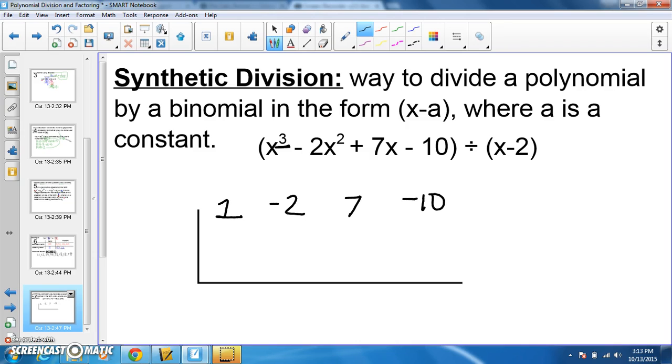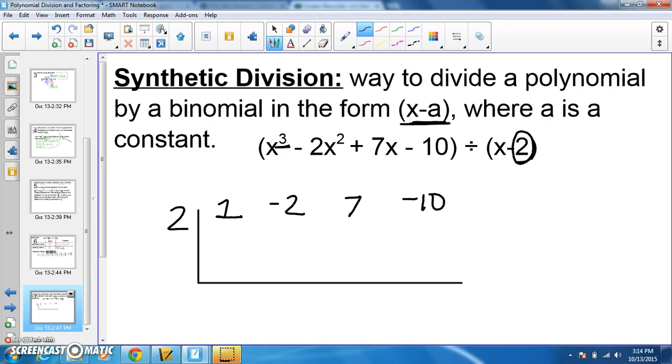Outside of the box, we're going to write the value of a from our binomial that we're dividing by. So since it's minus a in our original rule, all we need to look at is that 2. So we're going to write 2 on the outside of our box.